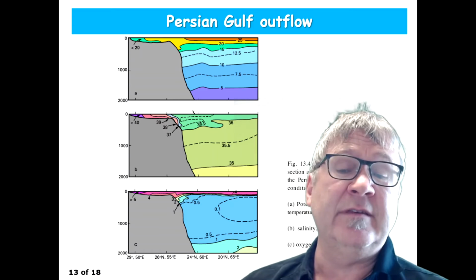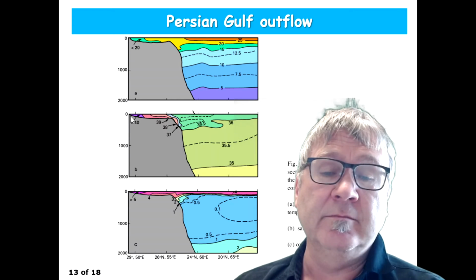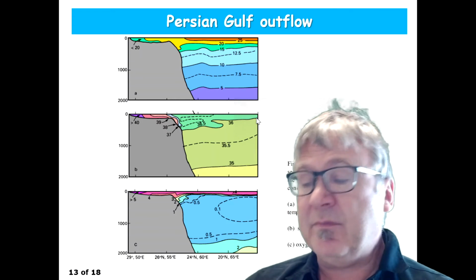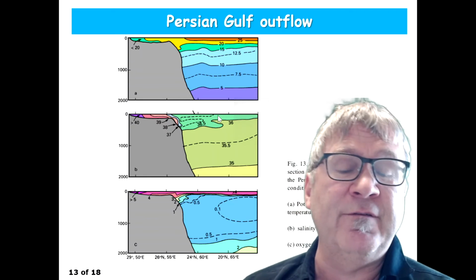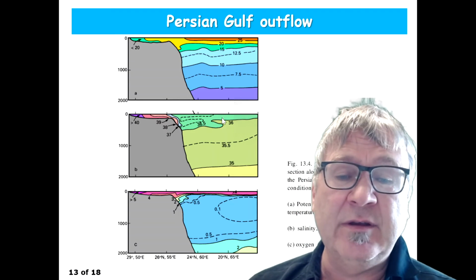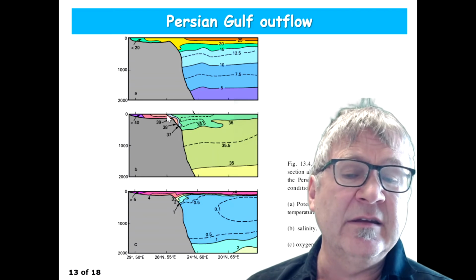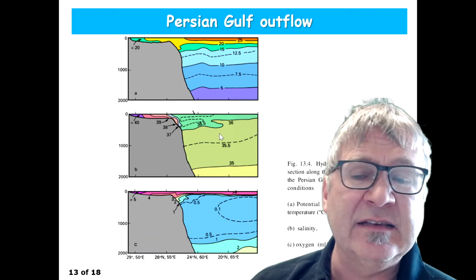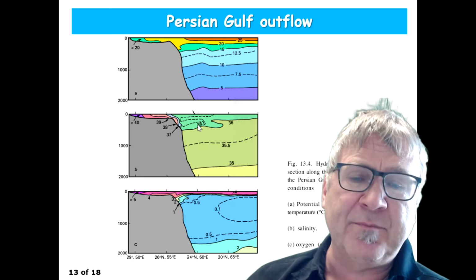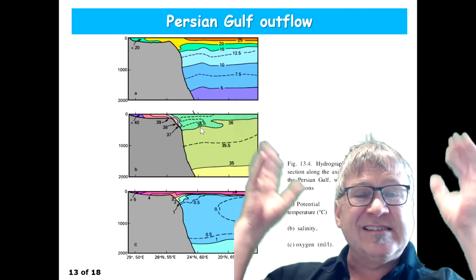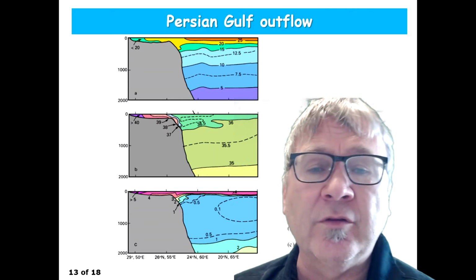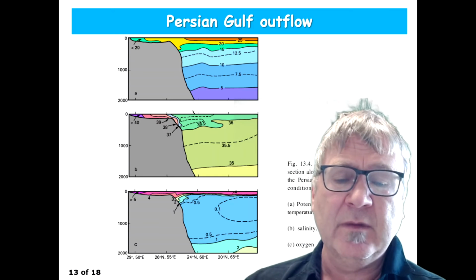In the middle panel, you can see the outflow of hypersaline water. In the ambient Indian Ocean it's 36 near the surface. This one is just marginally higher salinity, and it creates a signature at something like 100, 200 meter depth. So it doesn't sink as deep as the outflow that comes from the Red Sea.